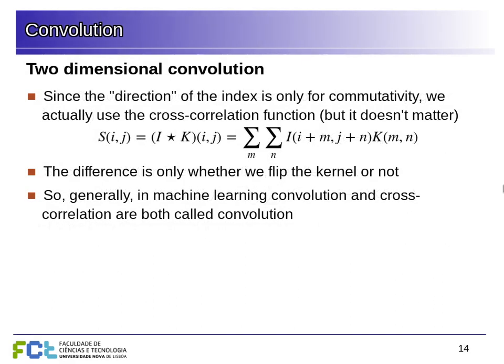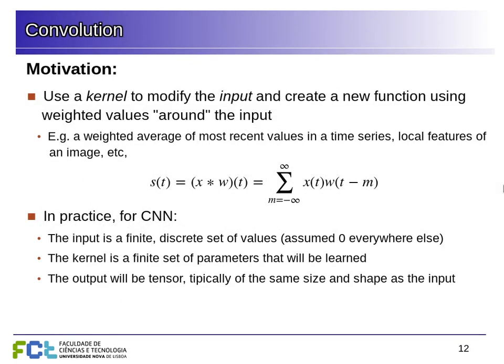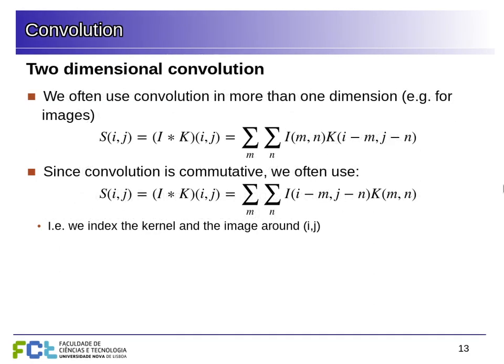And also, the direction is only there for the commutative property of the convolution, so this inversion that we do here on the coordinates of one of the functions with respect to the other doesn't really matter if we are learning the weights. Note that if we are using these coordinates inverted, if we just flip the weights on the kernel, we can use the same direction in the input and the kernel.